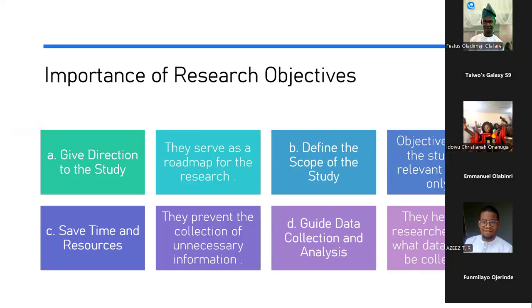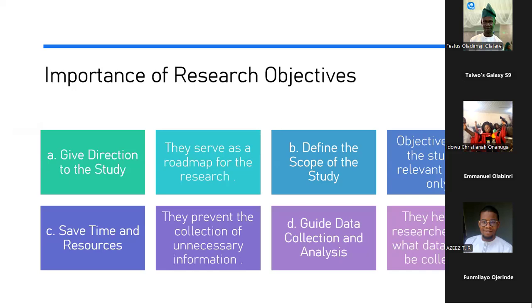So if you just start working without having in mind where exactly to touch on that field, you might find yourself at the end of it just touching each part of the farm bit by bit without doing any significant work on it. As a result of that, research objectives serve as a roadmap for your research.